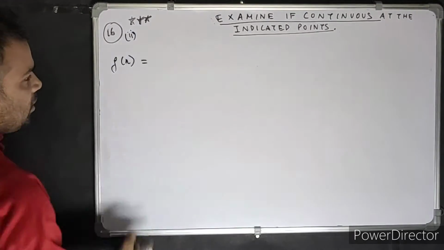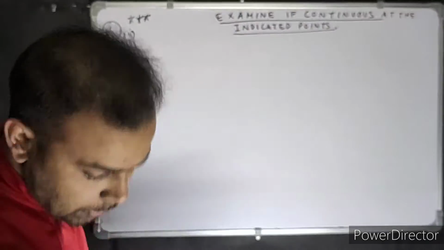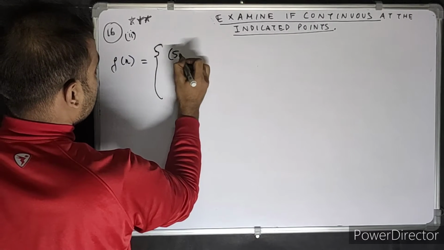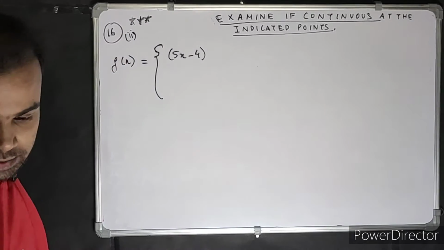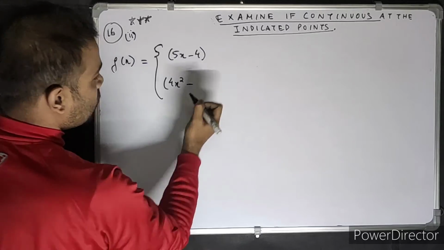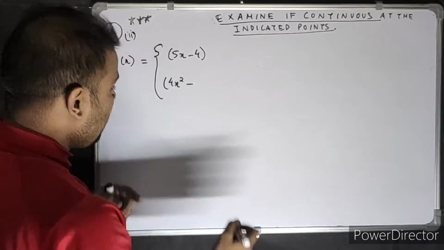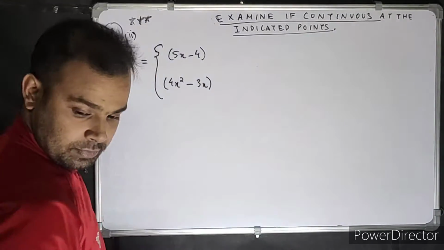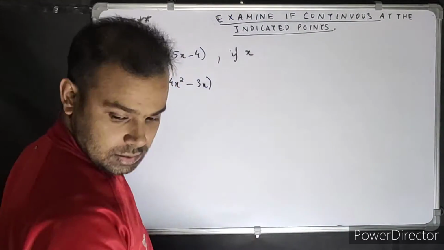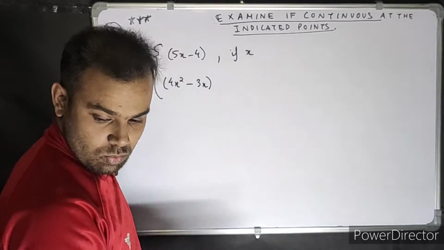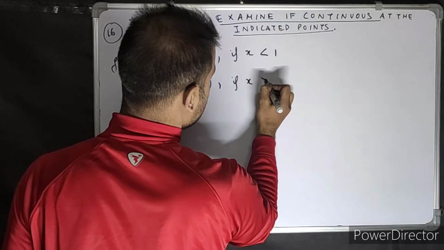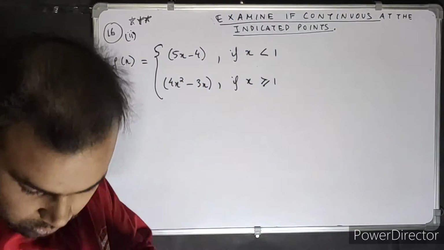Part 2. f of x is equal to, same heading, 5x minus 4 if x is less than 1, and 4x square minus 3x if x is greater than or equal to 1.